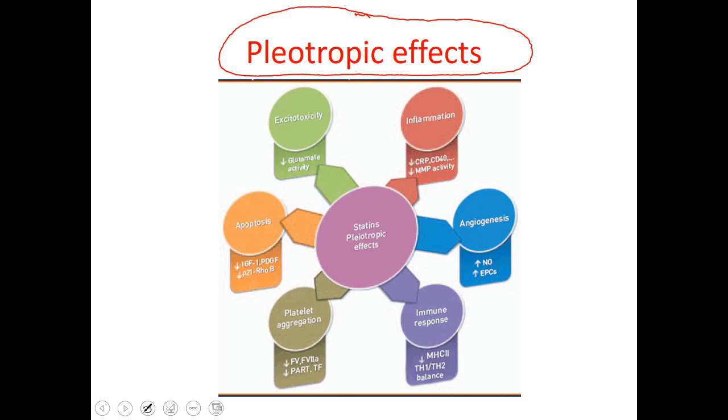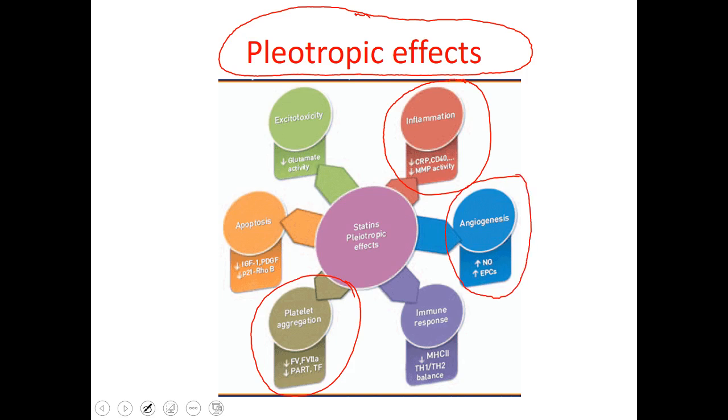For example, a higher dose of statin was observed to have an anti-inflammatory effect, as well as it also inhibits platelet aggregation, and it also promotes vasodilation by increased nitric oxide.